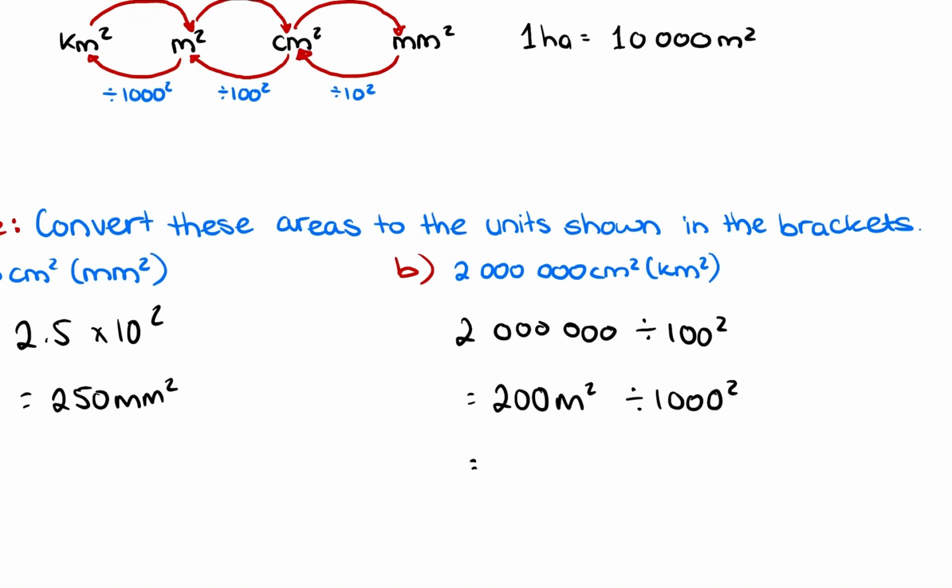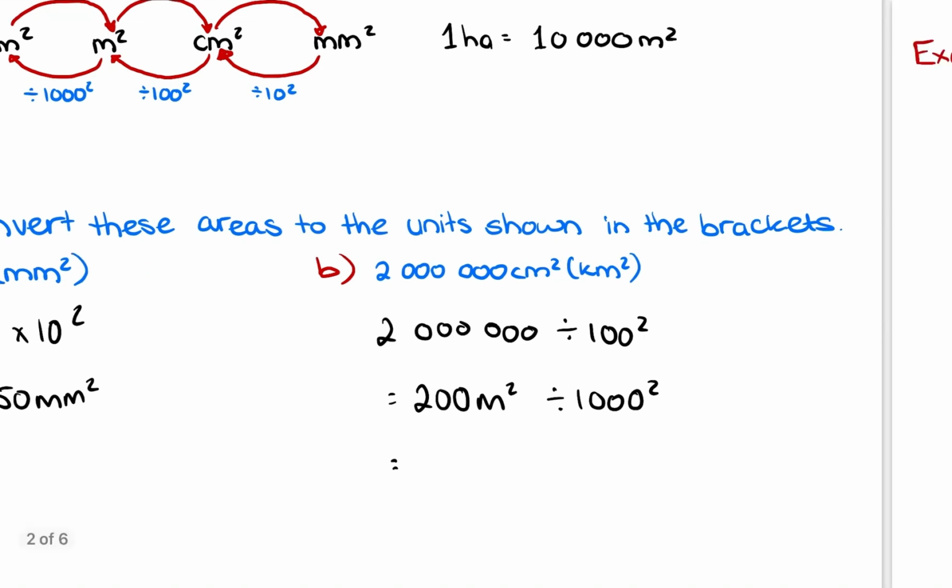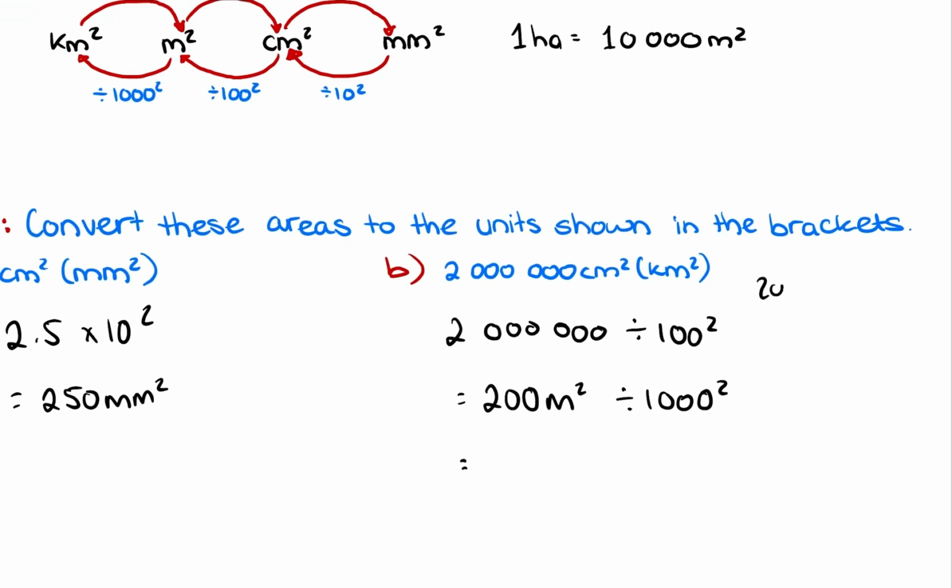Okay? Now you can do both of these in one step on your calculator. So it looks like this: 2 million divided by 100 squared and then divided by 1,000 squared. So you can actually do that all in the one step if you want. Now sometimes you're going to get something like this on your calculator.